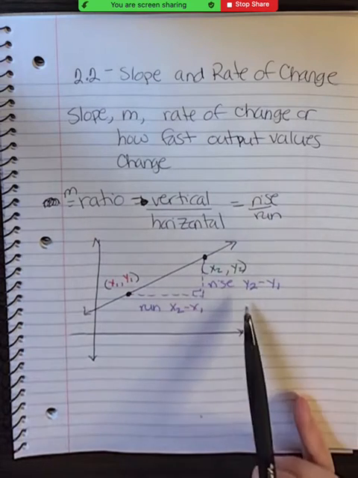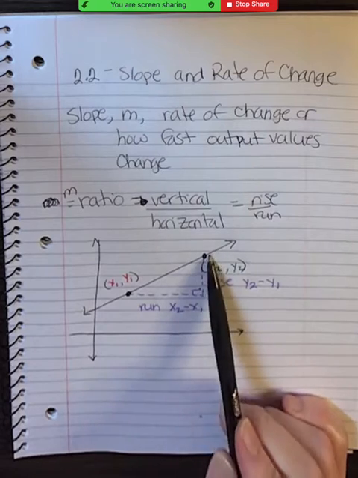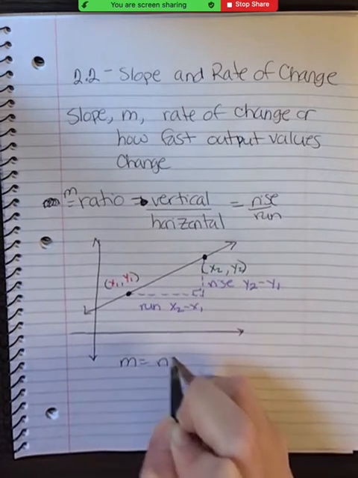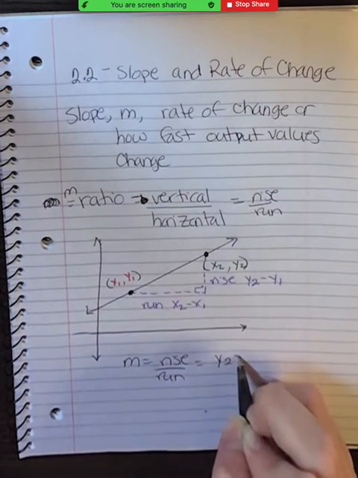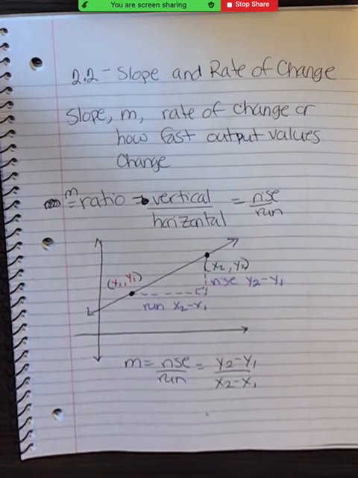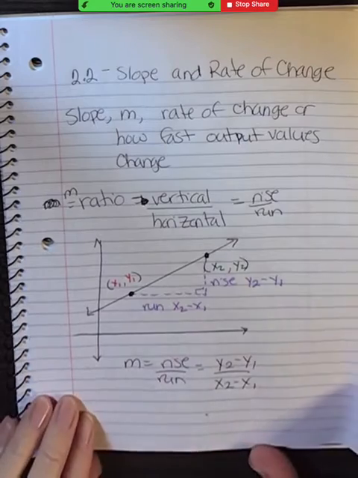All that matters is if you start at this point for the y, you start at this point for the x. So we say slope is rise over run, change in y's over change in x. Okay, again, should be a lot of review here.